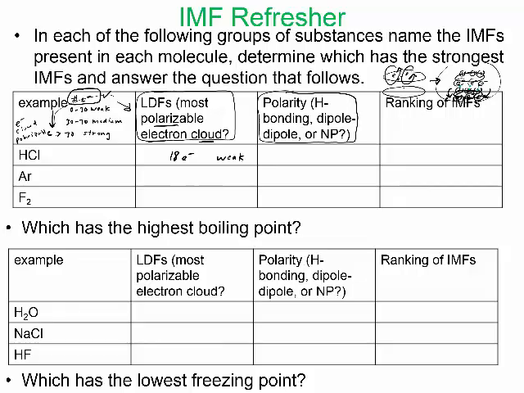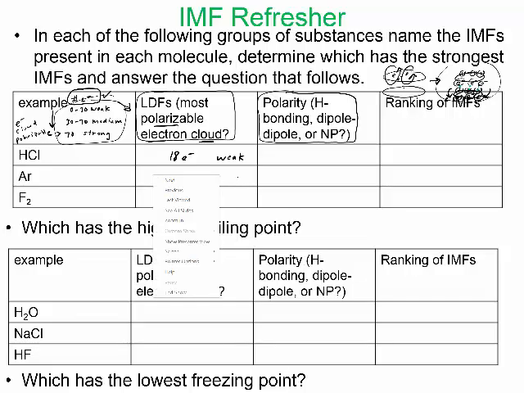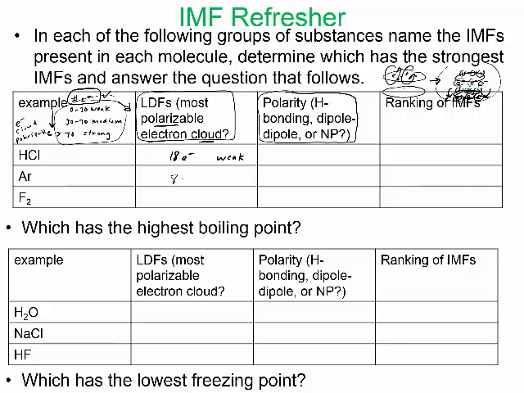This is more on an absolute scale, these here. So argon is 18 electrons also. And F2, oh, it looks like I made them all 18 on purpose here. So all our LDFs are relatively the same.